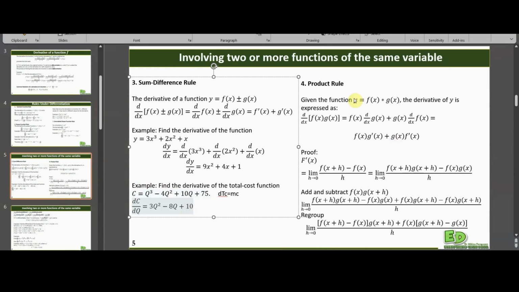Okay, so let's look at the fourth rule, which is called the product rule. The product rule is used when you have two terms multiplying each other.